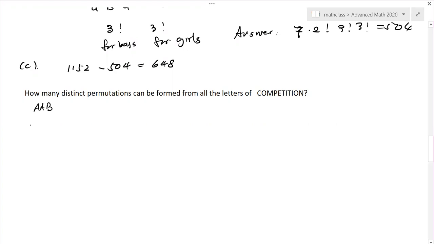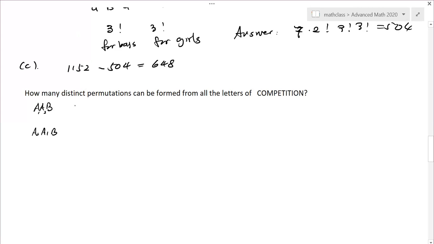So when you permute those 3 letters, you're not going to get 3 factorial. First of all, you assume those 2 A letters are different, so you have A1, A2, and another one is A2, A1. Then you permute them, but you keep A1 first, A2 second.